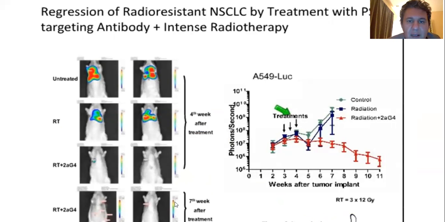Now, we can see here that combined therapy is the best way to go. Monotherapy is not, in cancer, because there are many pathways and many ways that we can kill the cancer, and it's not enough to go just one way.